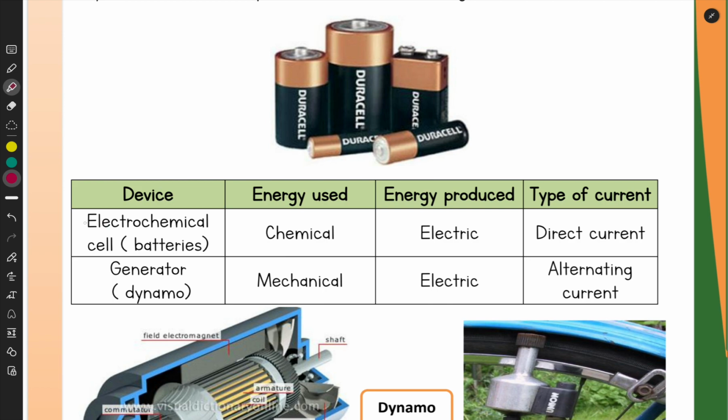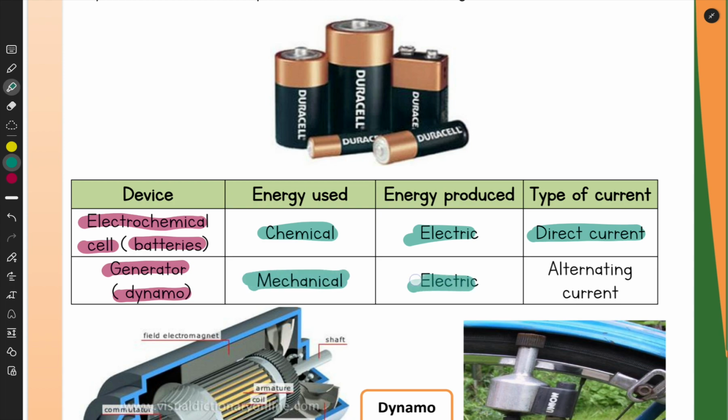So we have here the electrochemical cell like the battery and the generator like the dynamo. The battery or electrochemical cell changes the energy from chemical to electric. The type of current here is direct current. And here the generator or dynamo changes the energy used here, which is mechanical, to electric.